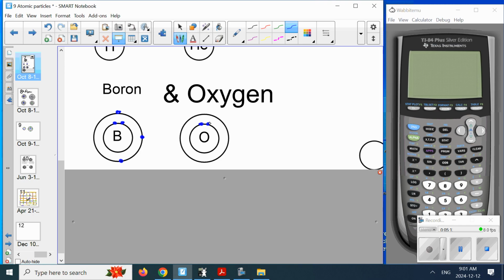Then how many spaces do we have on the second level? Lithium, beryllium, 2, 3, 4, 5, 6. There's 6 in the second level, right? We're going to put 6 electrons on oxygen.